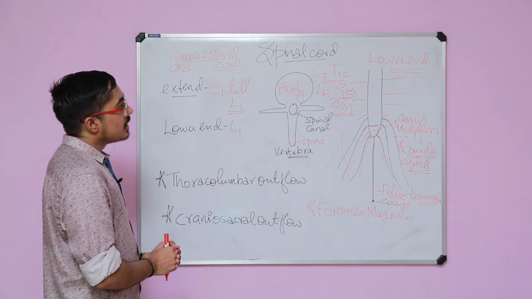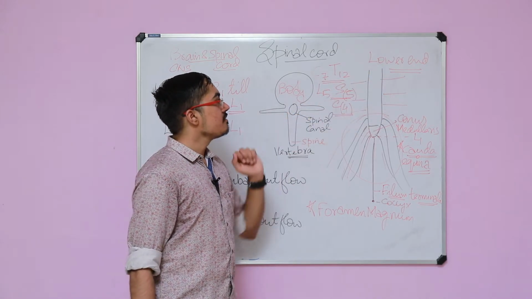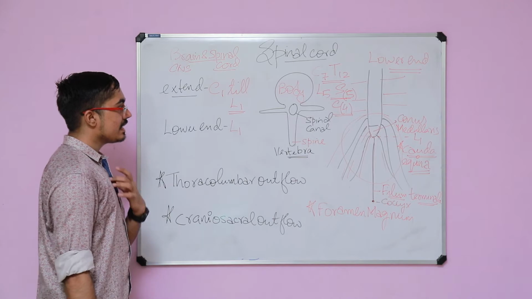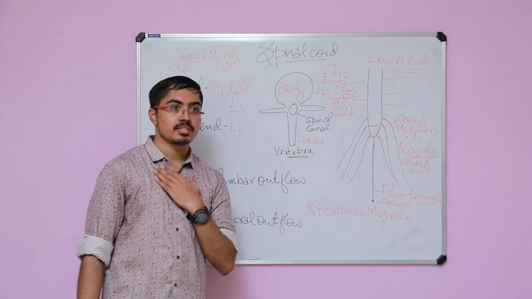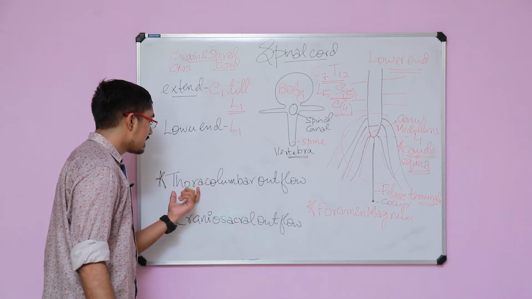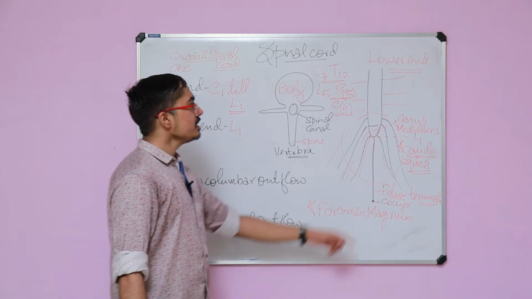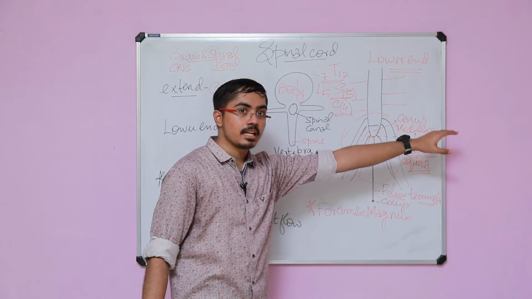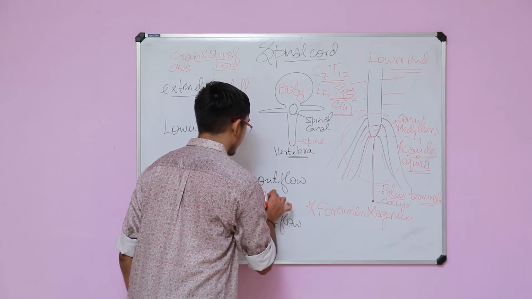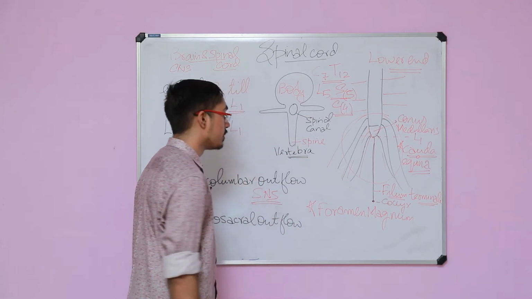Now, if you talk about these particular nerves coming out of the spinal cord, in the thoracic area of the spinal cord, behind your chest, and behind the abdomen, that is the lumbar area. From the thoracic area and lumbar area, in the nerves that are coming out of the spinal cord, you will have sympathetic nervous system fibers going through this.